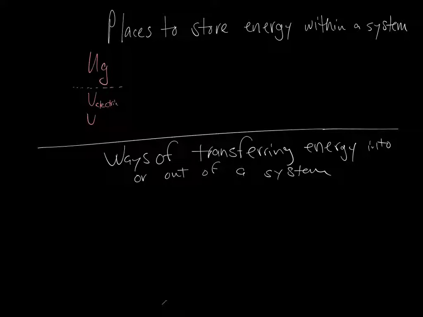Or maybe you could move something within a magnetic field, in which case you'd have U magnetic. Okay? We're going to just worry about moving something within a gravity field. So I'll call this gravitational potential energy.